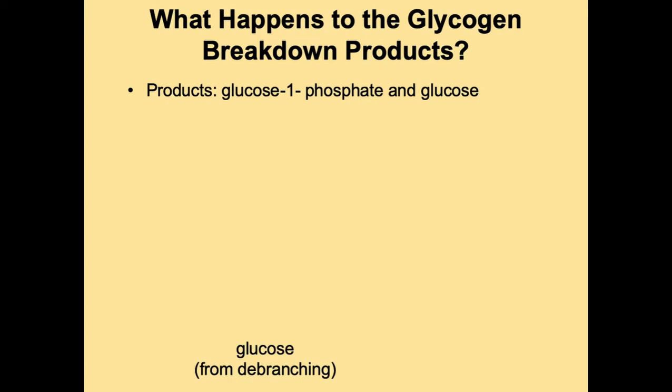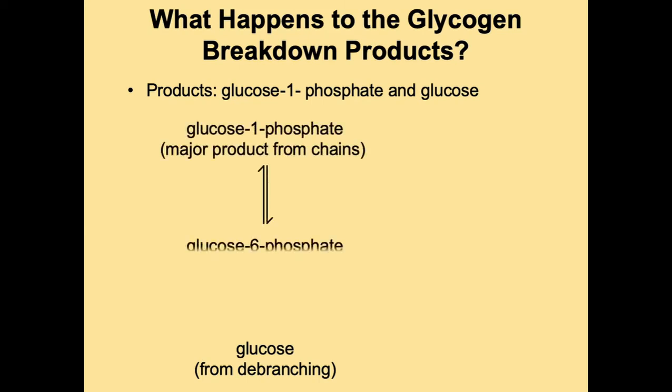So we've seen that the debranching enzyme and glycogen phosphorylase generate two distinct products, glucose 1-phosphate and glucose itself. So what happens to these products? Well, glucose 1-phosphate is transformed by an enzyme called phosphoglucomutase. This moves the phosphate from the 1 position to the 6th position to generate glucose 6-phosphate.